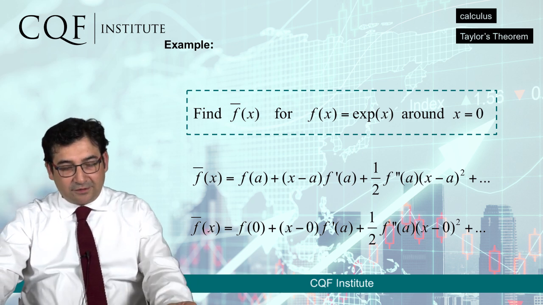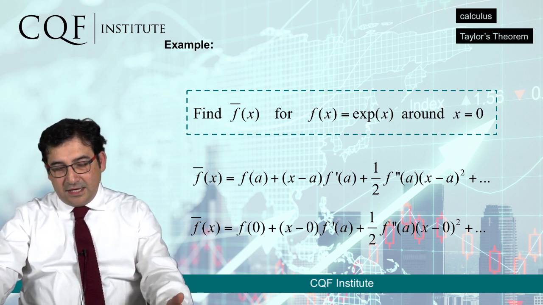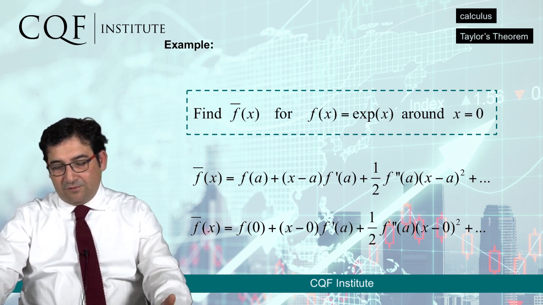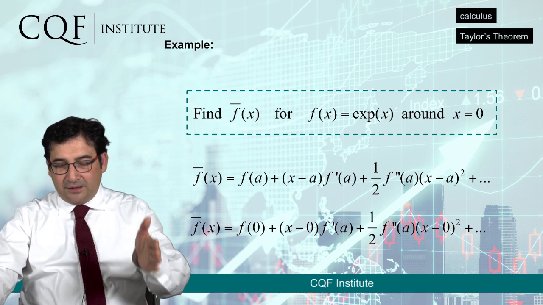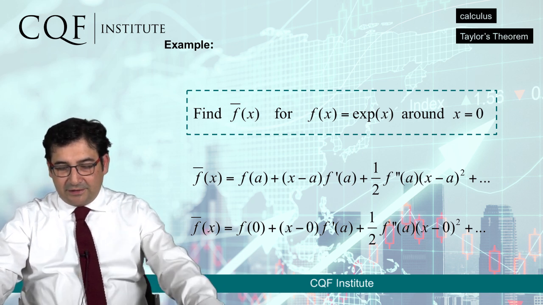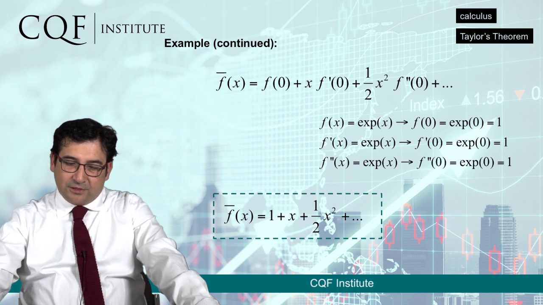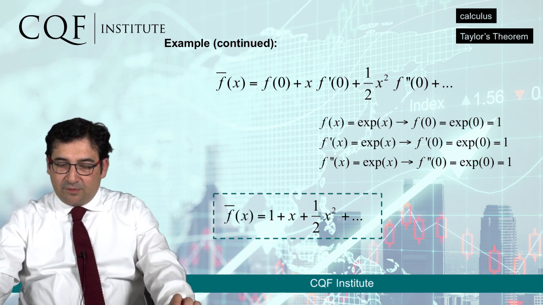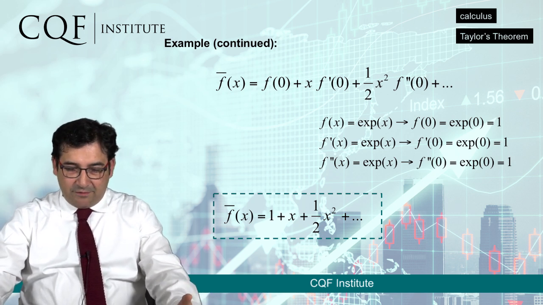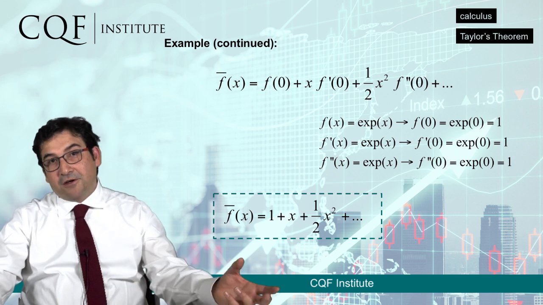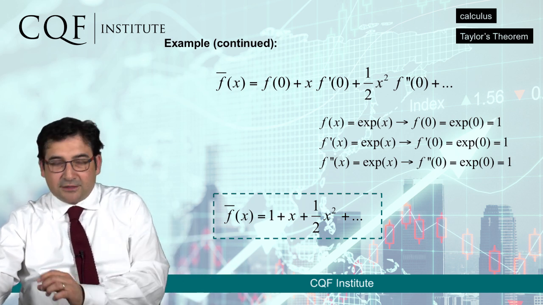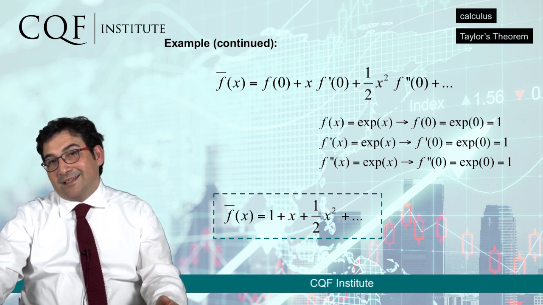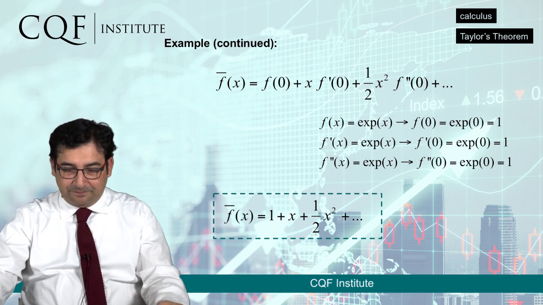We're going to stop at the second derivative, second order terms, and if we evaluate the exponential function at 0, the first derivative, and the second derivative, what we're going to obtain then is a polynomial, and in this polynomial we have a representation of the exponential function with very few terms. It is a polynomial approximation, and we were able to do this by taking the derivatives of the original function.